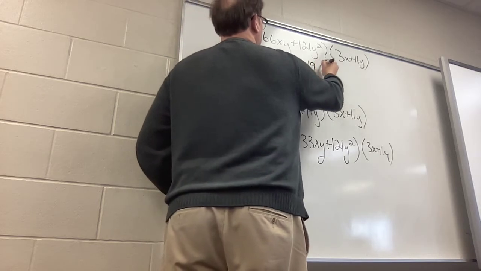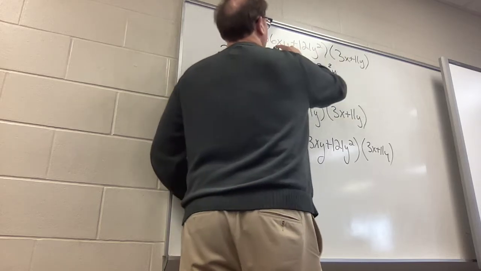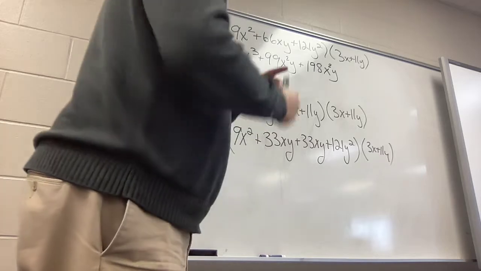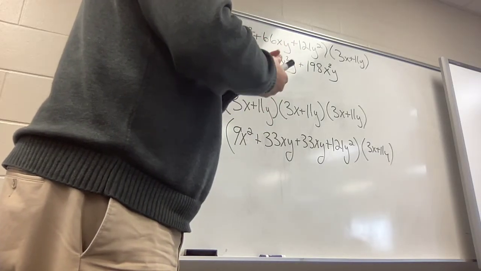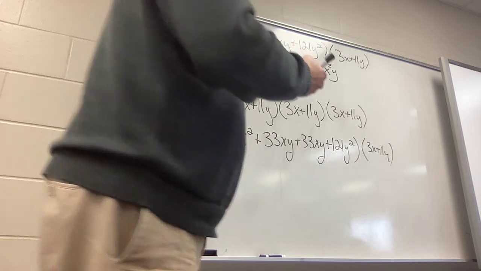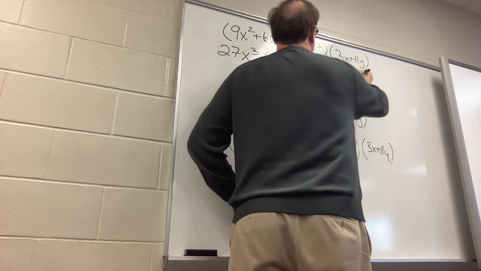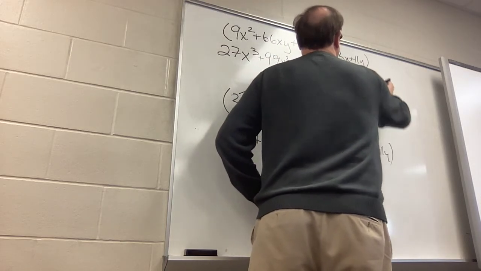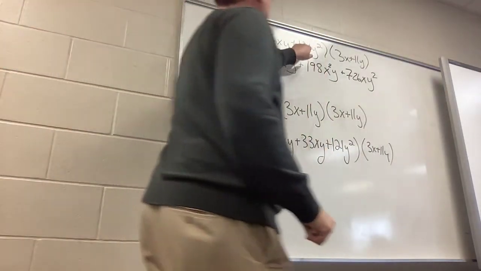Somebody who's good at arithmetic. x squared y. And 66 times 11, that must be 726 maybe? I'll edit that out if I'm wrong. 726 xy squared. If I did the multiplication wrong, just pretend like I didn't.